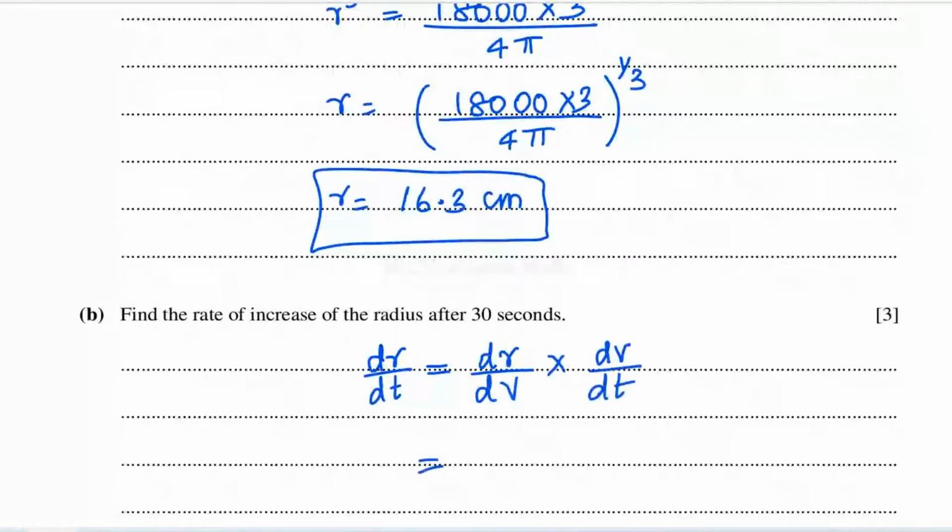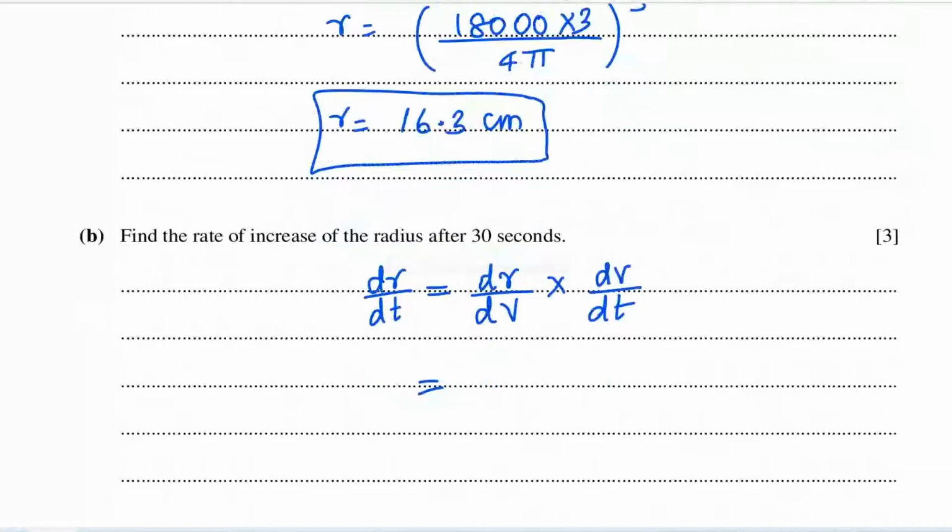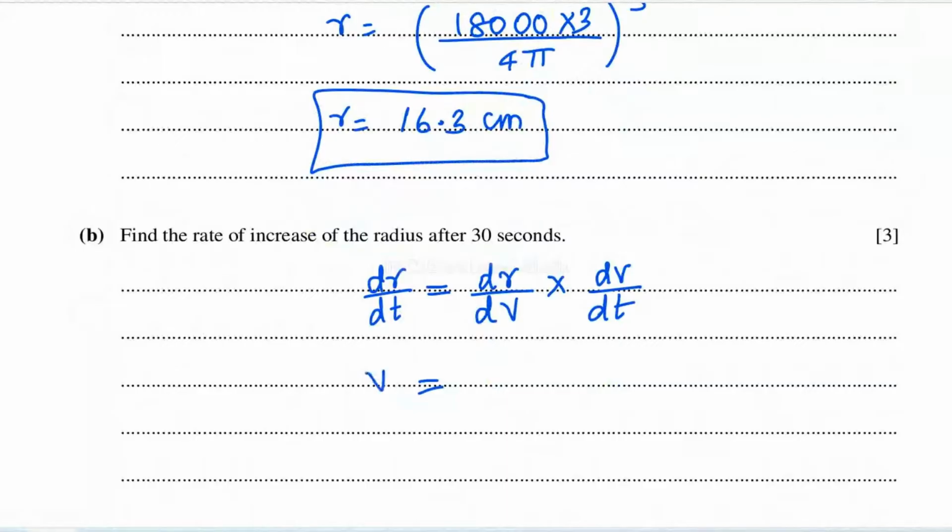So first let us find out what is dv divided by dr, and we know the volume is 4 over 3 pi r cube.